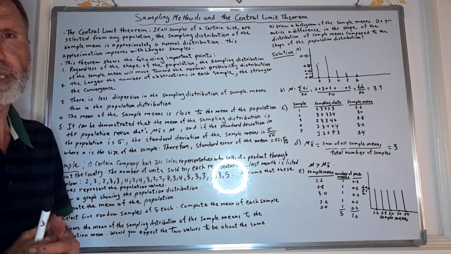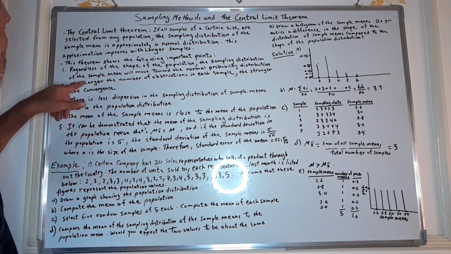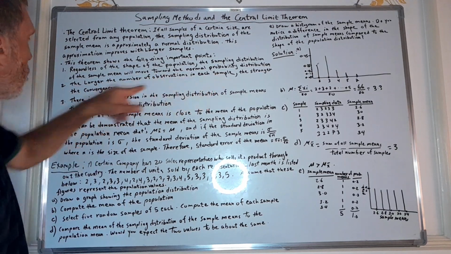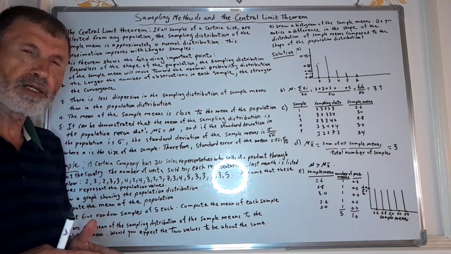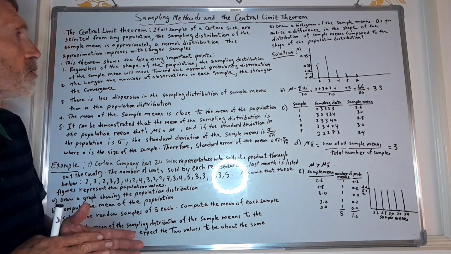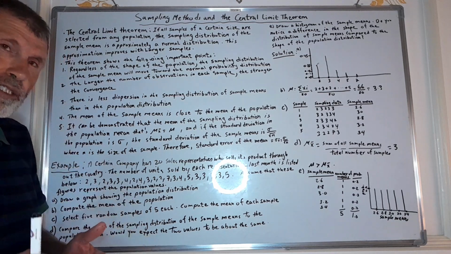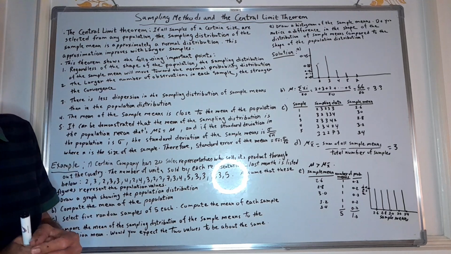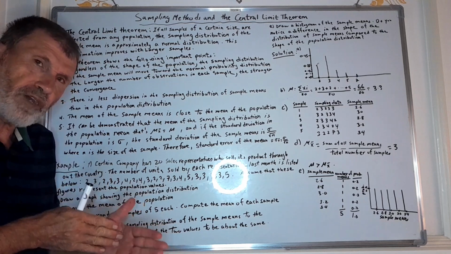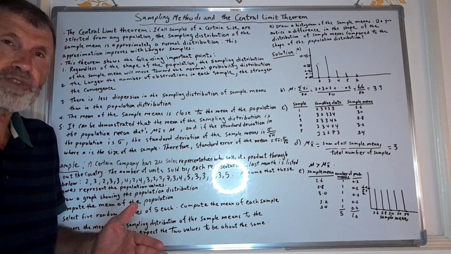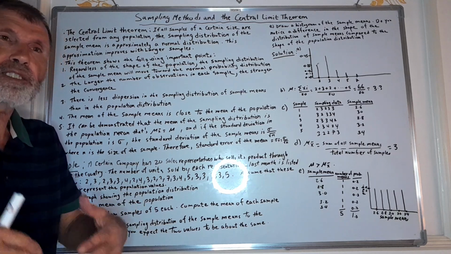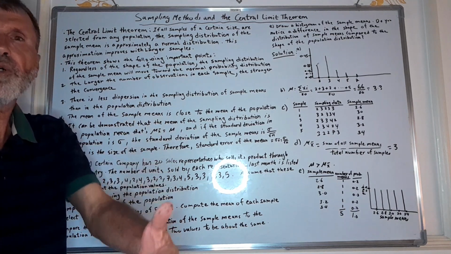The larger the number of observations in each sample, the stronger the convergence. That is, instead of 5 observations, you have 10 or 15. The more items you have in each sample, the stronger the convergence to a normal distribution.